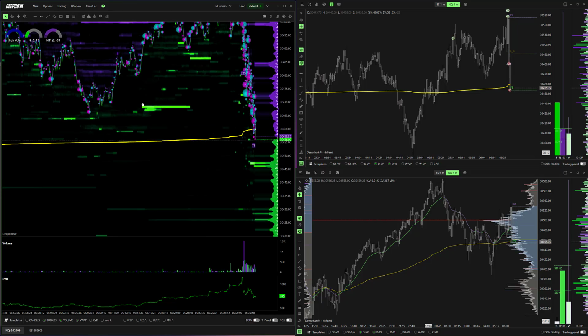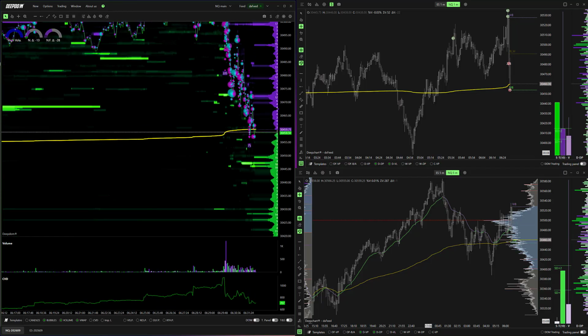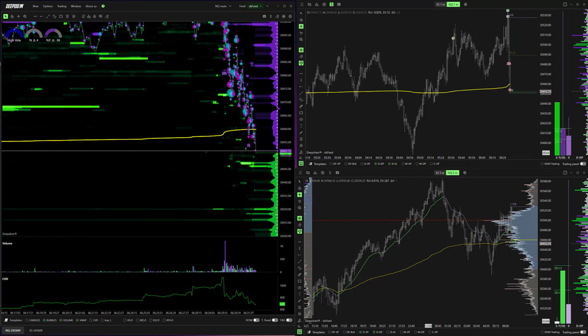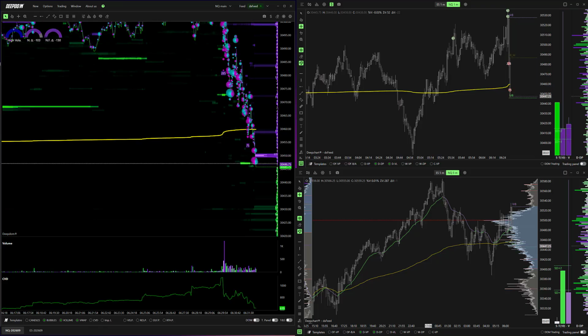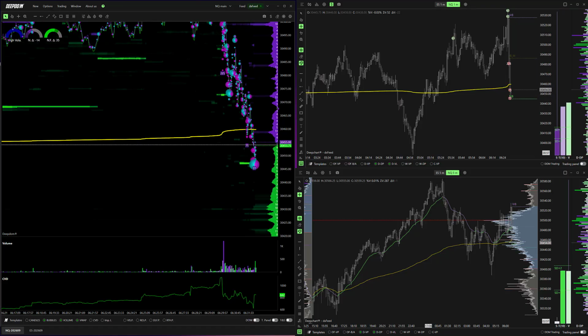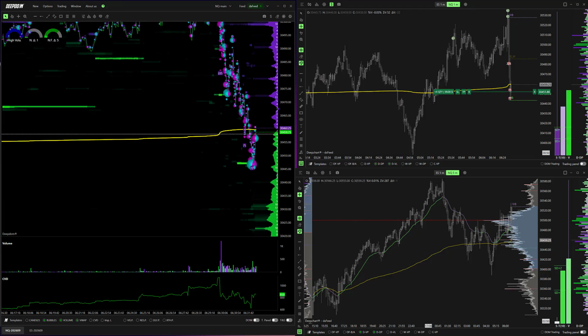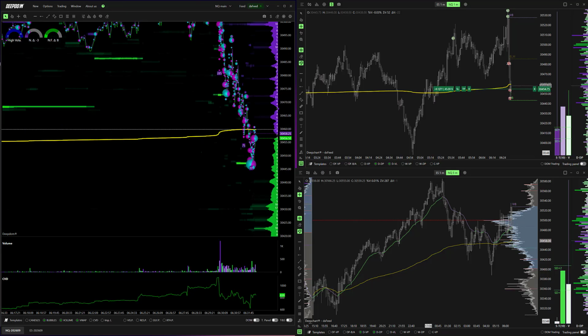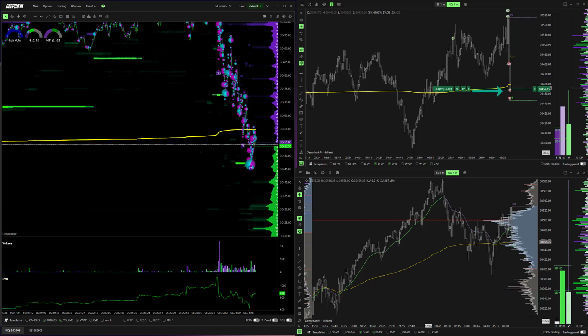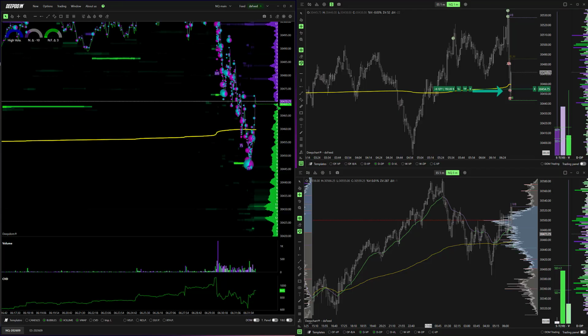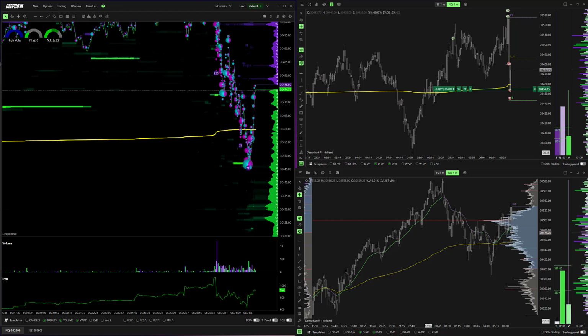So the first trade was a VWAP bounce. Shortly after the open, the market began moving lower towards the VWAP. At first glance, it looks bearish. However, when I looked at the order flow, I noticed aggressive sellers hitting the bid, but price wasn't moving much lower.